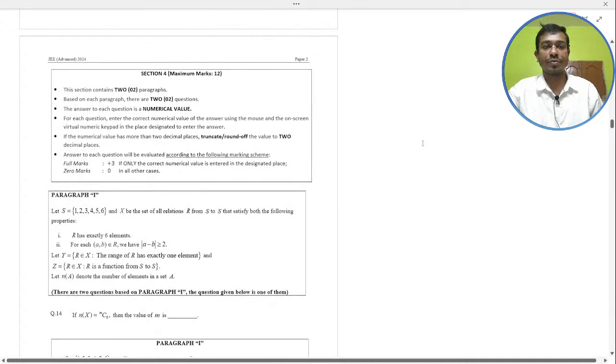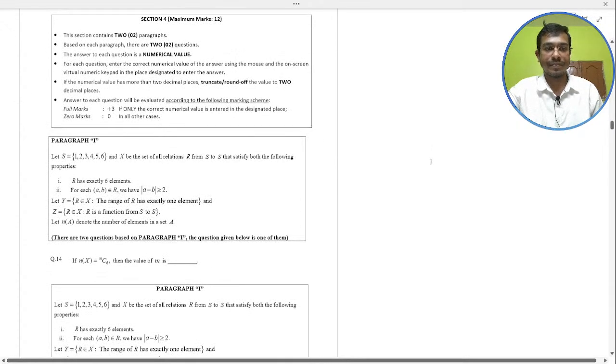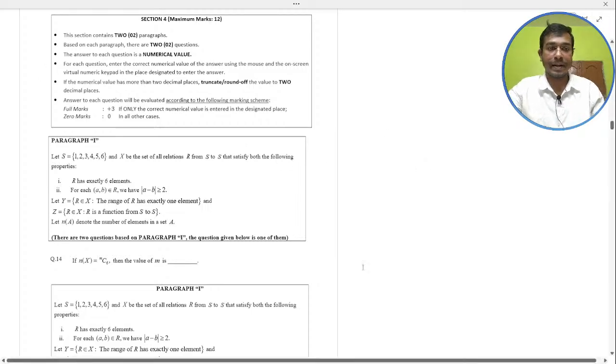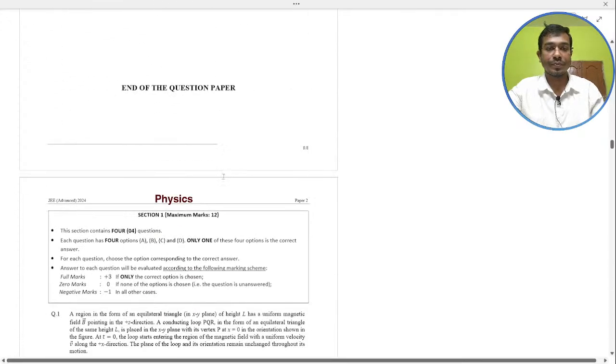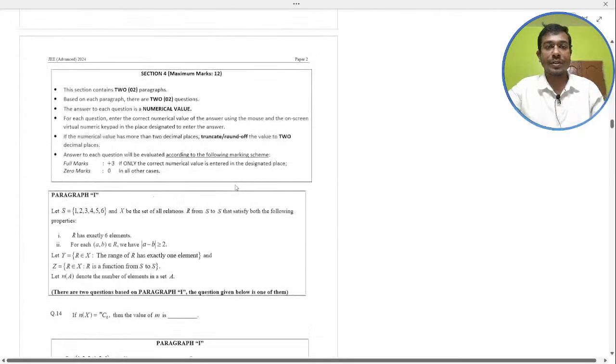Now section 4, match type question. Numerical value. Here this is not for matching. Paragraph question. Question 2. Paragraph 1 and paragraph 2. Paragraph question, we solve 1.